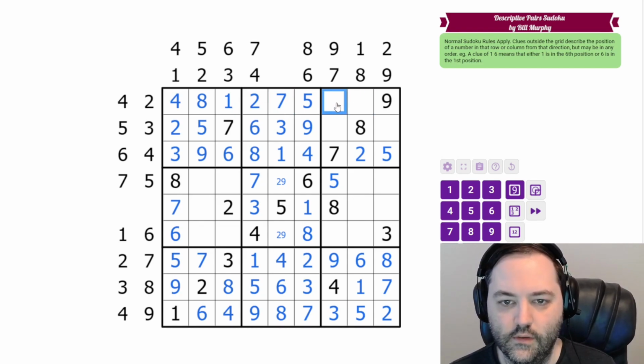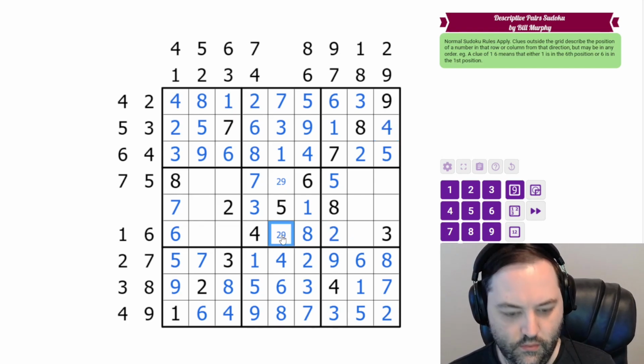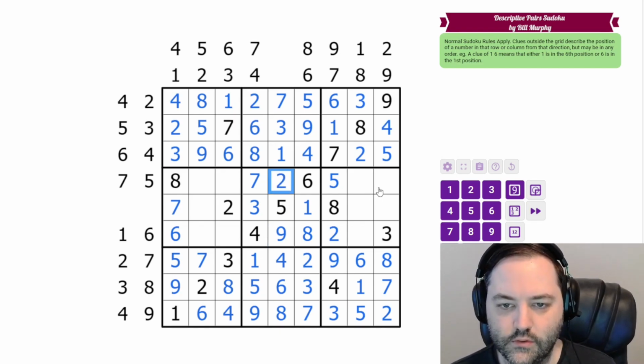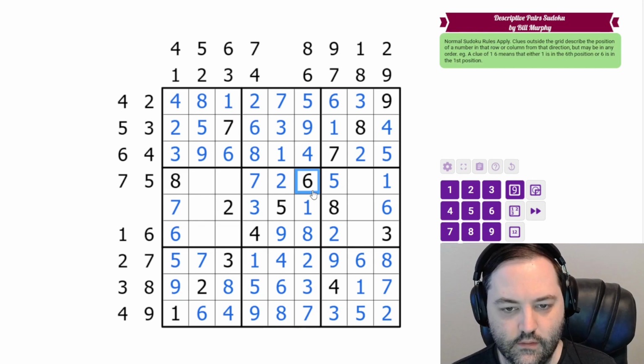These are 3 and 6, so we have 6, 3 from down here. These are 1 and 4, we have a given 4. The last digit in the column is a 2, and that's going to resolve the central box finally. And we have 1 and 6 here, resolved ultimately by that given 6.